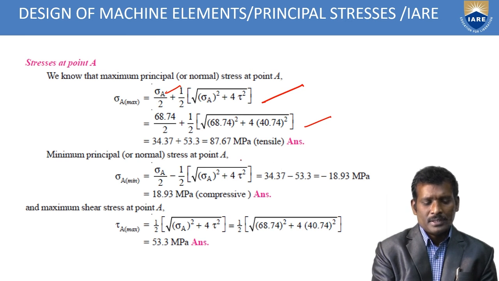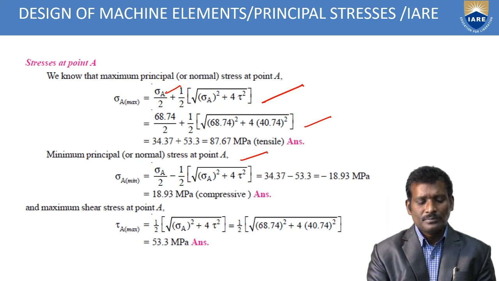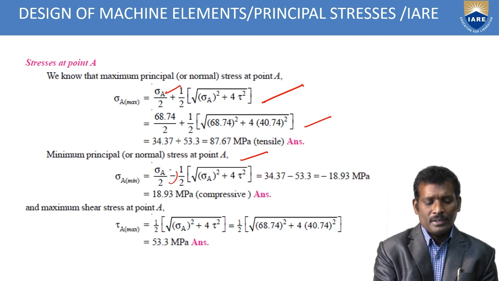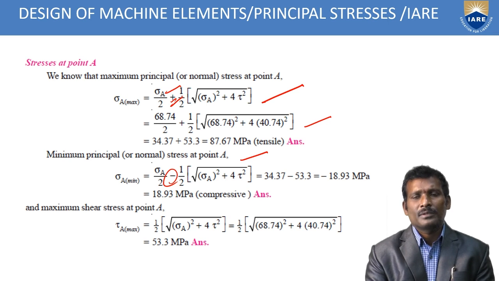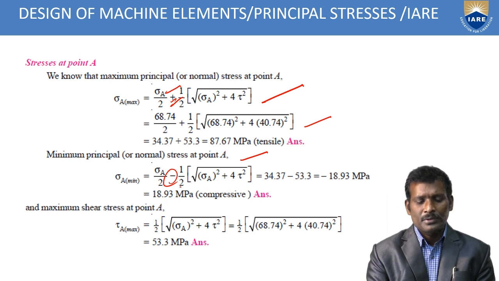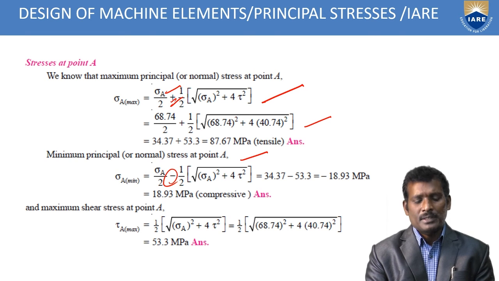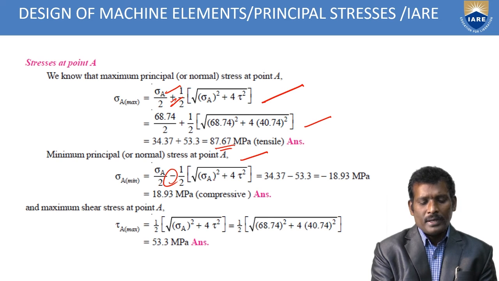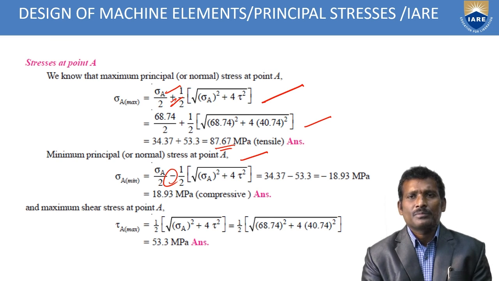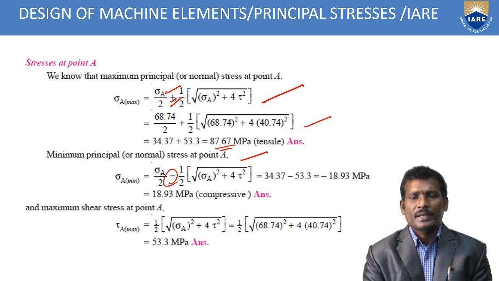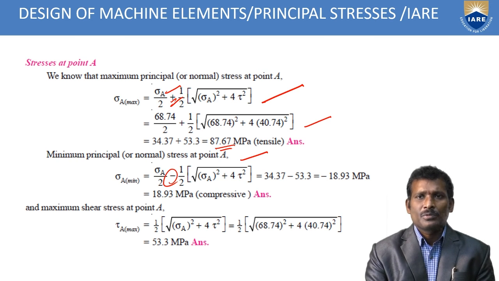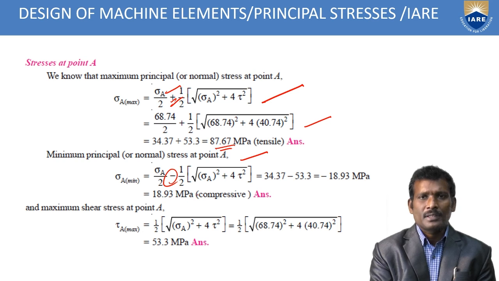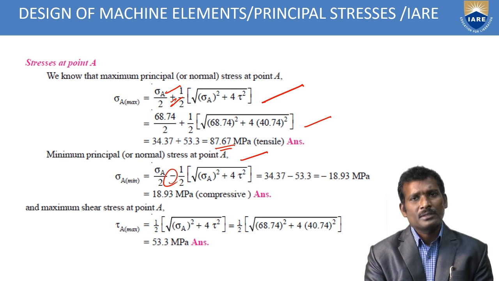Similarly, the minimum principal stress at point A. So use a negative sign. The only difference is that in the first case it is a positive sign, and in the second one use a negative sign. You will get the minimum principal stress. So see, at point A the nature of stress is tensile stress, so that's why positive value, and the nature of stress at point B is compressive, that is a negative sign.